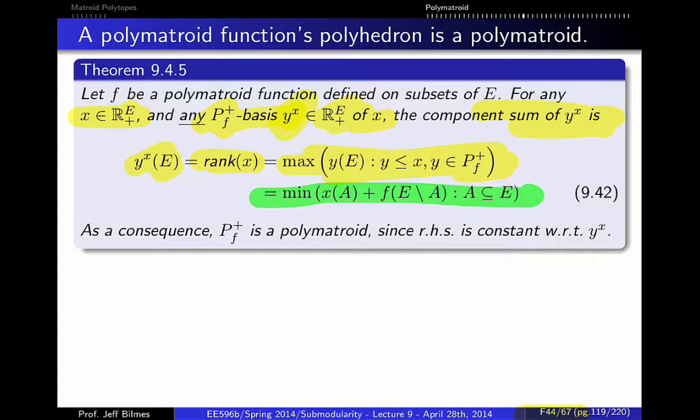And it's saying for any p-basis y of x, its component sum is equal to this green bit, which is this minimization problem. So therefore, all component sums of any p-basis of a vector, when it's a polymatroid, are equal to the same value. And so therefore, it's a polymatroidal polytope. That's from this bit down there.